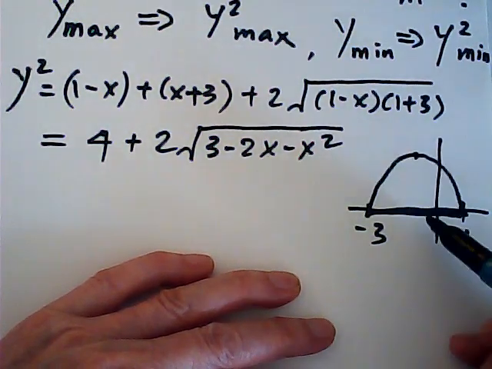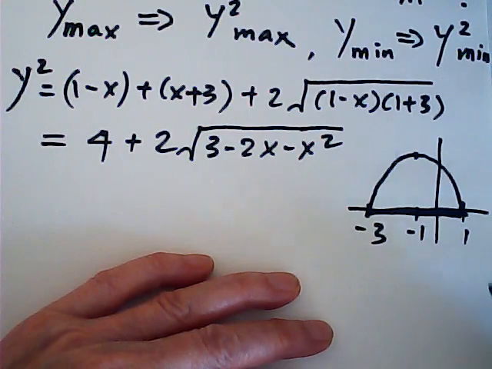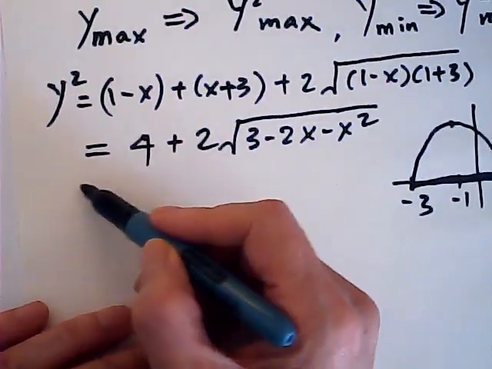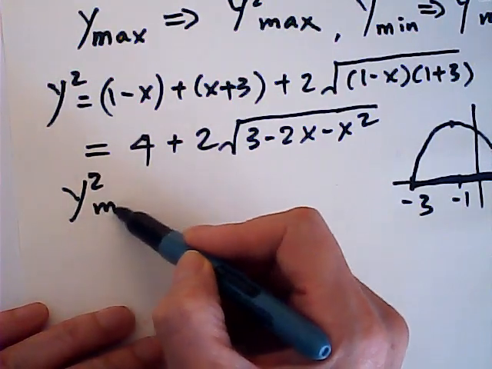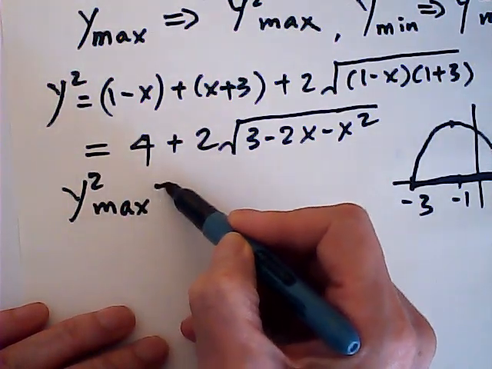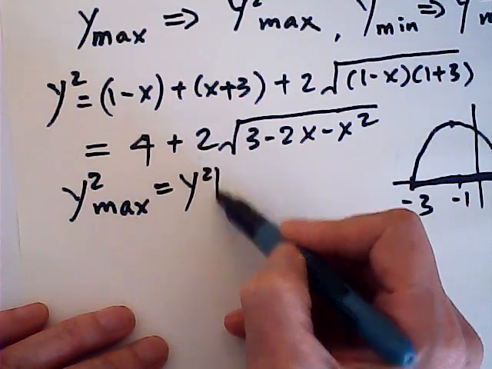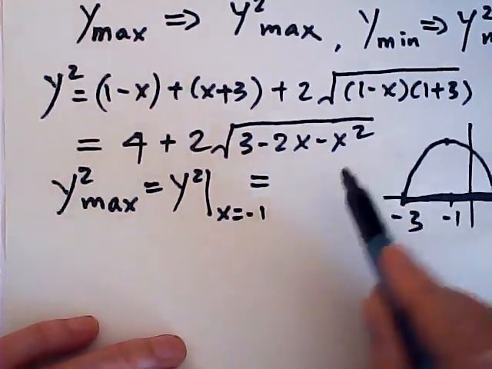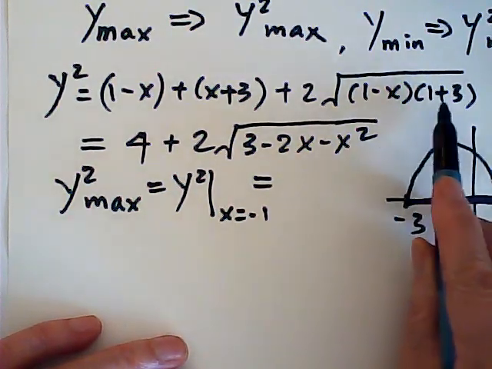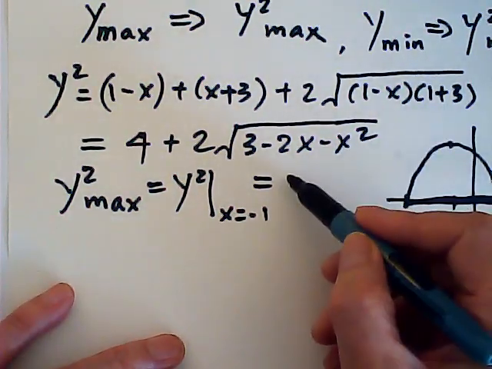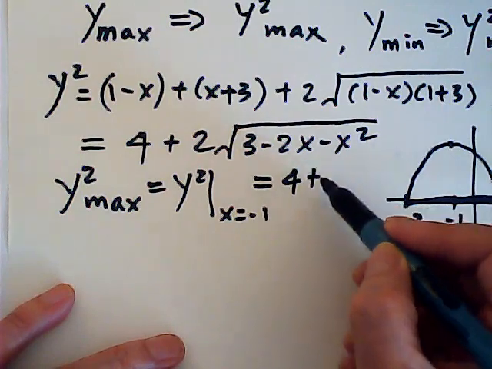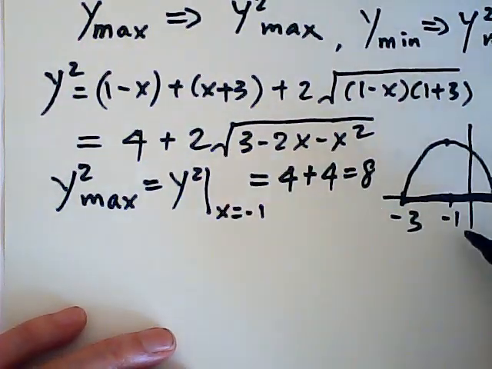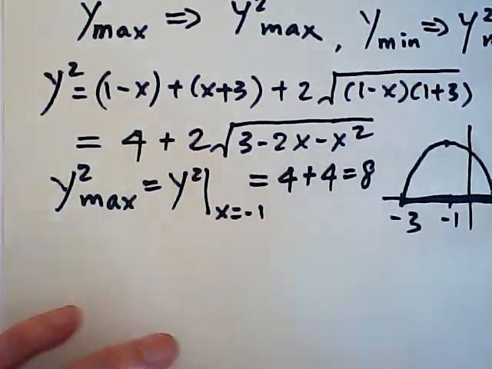So the maximum value must be there, at x equal to -1 in the middle. So the y square maximum is equal to y square at x equal to -1. So this is 4 plus 4 equal to 8.